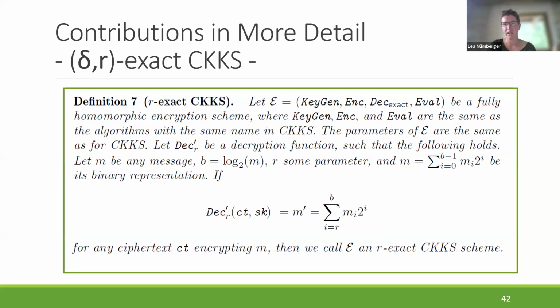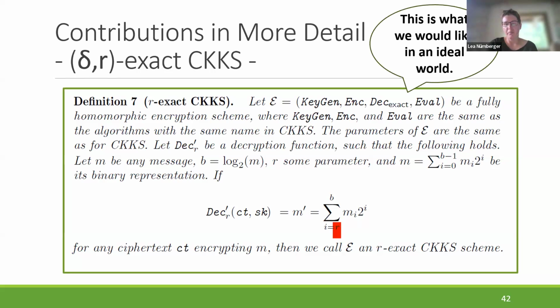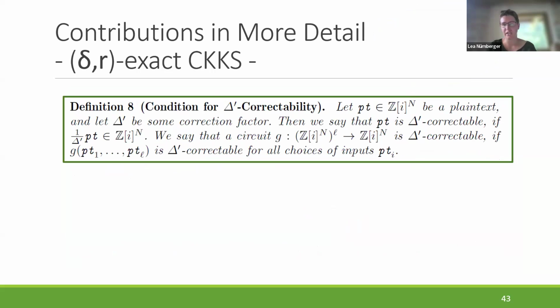Now, this definition doesn't say anything about how to achieve it. So this definition, in a sense, is the ideal functionality that we would like to have. However, as it always is, one cannot quite get the ideal functionality. So when we moved on to actually trying to show what this decryption function has to look like so that we just save the green parts of the message, we encountered some problems.